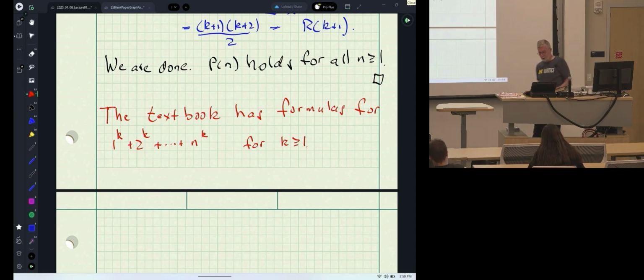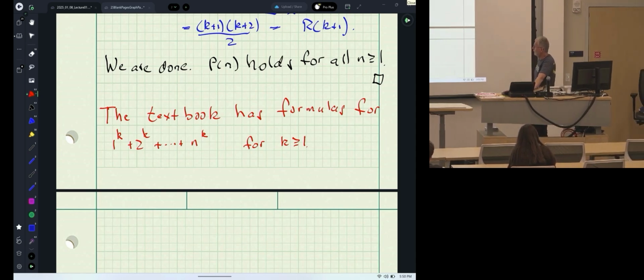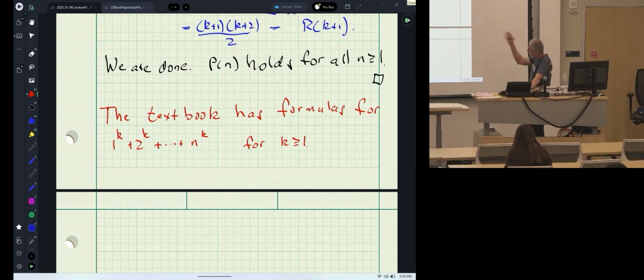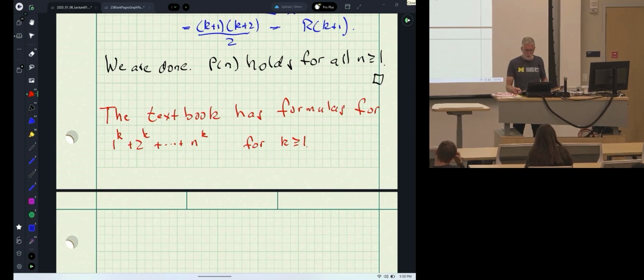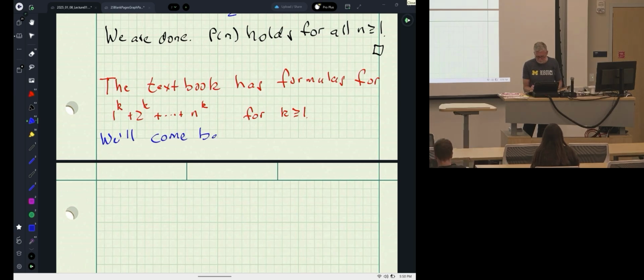So we've just figured out what is the sum of the first n integers raised to power 1, and the textbook has it for powers 2, 3, 4, 5, 6, 7, all the way up to any number that you want, okay? So we will come back to that later, and we'll see why they're really useful.